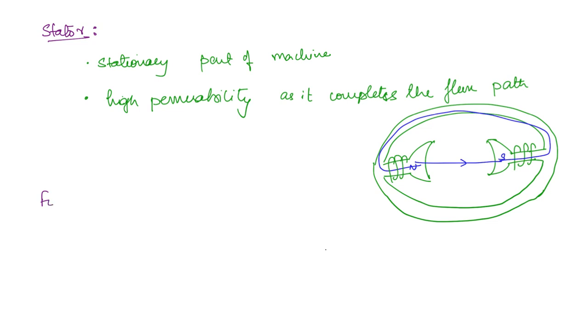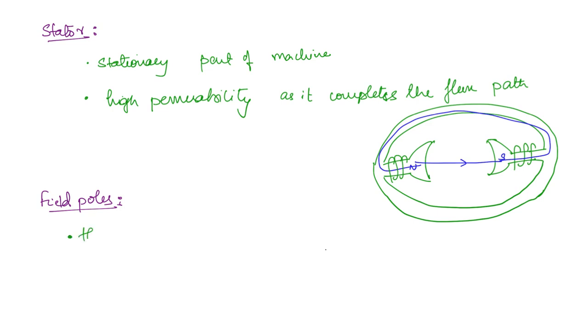Next is the field poles. The field poles are a part of the stator. These are the field poles, and this entire stationary part is called the stator. You can see that these poles have a large cross section area. This is to ensure that the flux is distributed uniformly.